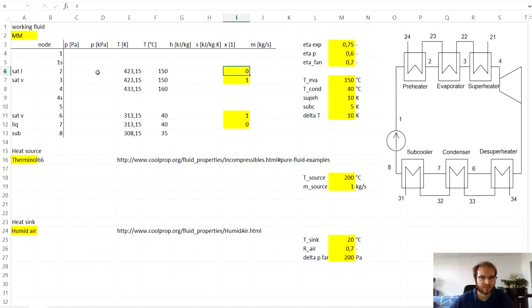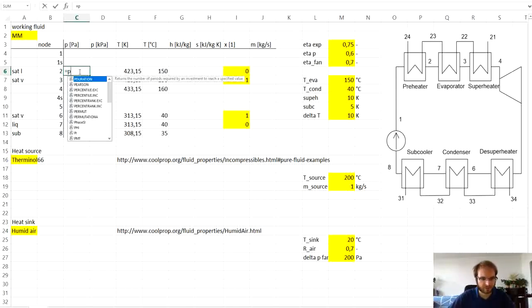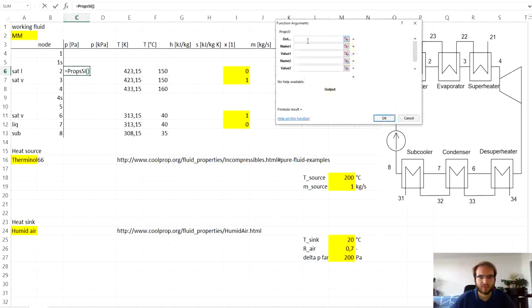So let's get the pressure. To get the pressure, we will use the function props SI, where the output of the function would be the pressure, while the input parameters would be the temperature with the value in here, and quality with the value in here.